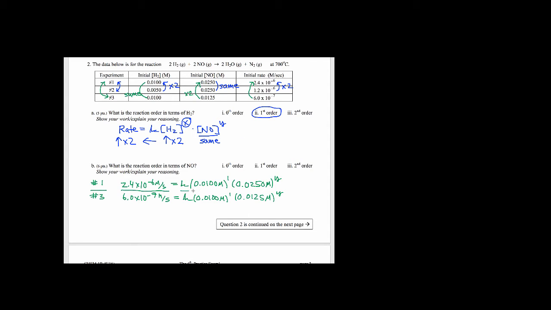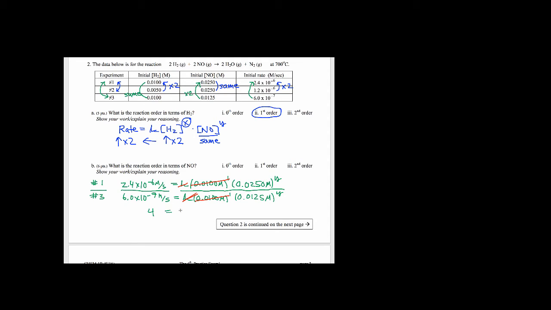And if we take these two equations and divide one by the other, we still have an equality, and we note that K cancels. The 0.0100 to the first cancels, and 0.025 over 0.0125 is the same as 2, or 2 to 1, to the Y power, and 2.4 times 10 to the minus 6 divided by 6.0 times 10 to the minus 7th works out to be 4.